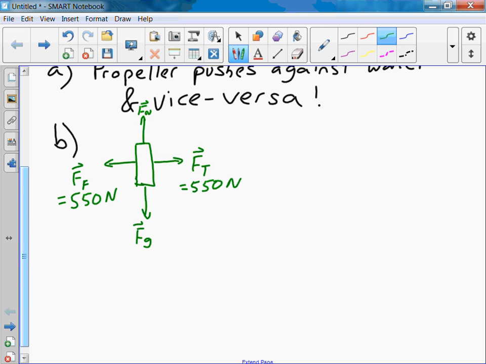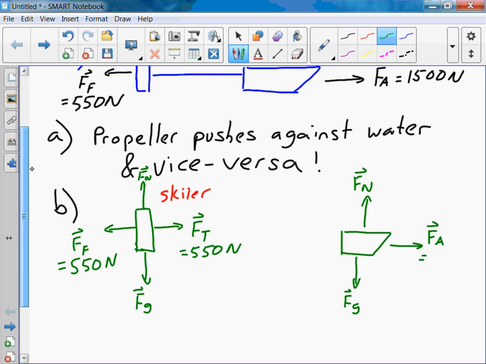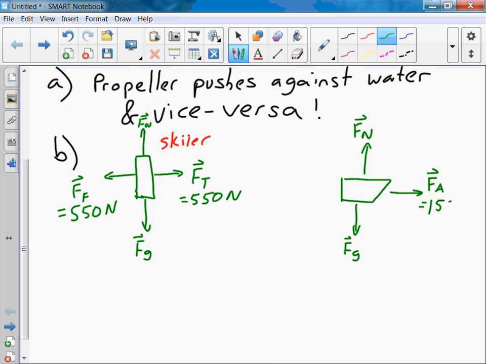Okay, so this is the skier. Now we need the boat. Again, we've got Fn and Fg, but we don't need to calculate those values at all. So we've got two forces counteracting the boat's applied force.